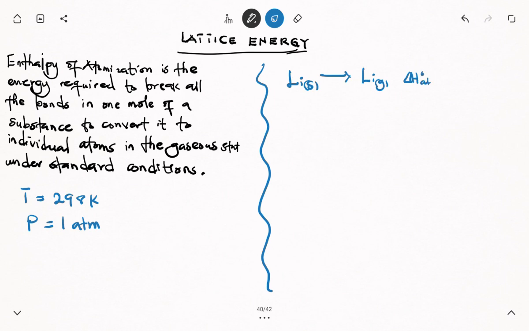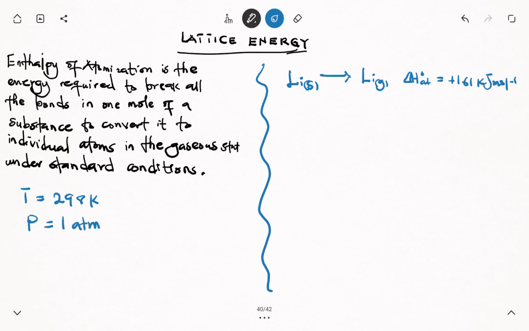The energy involved in this is plus 161 kilojoules per mole. This means that it is an endothermic process, okay? So you need to take in heat to break those metallic bonds to get sodium to exist in the gaseous state, okay? So we are vaporizing it in that sense.